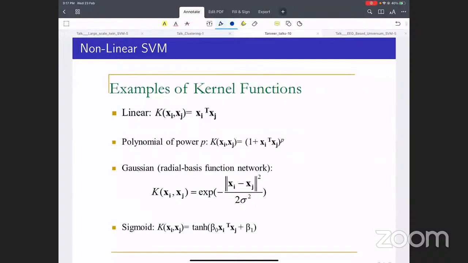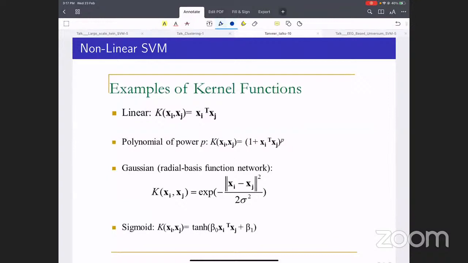So people are working on multiple kernel theory. People are using ensembling of kernel functions. Suppose we have 10 kernel functions like K1, K2, up to K10. People are using a weighted kernel, some different kind of linear combination of kernel functions, that usually gives better results.